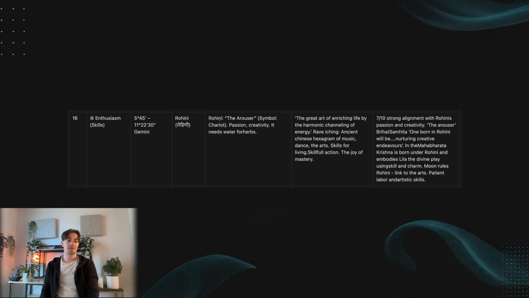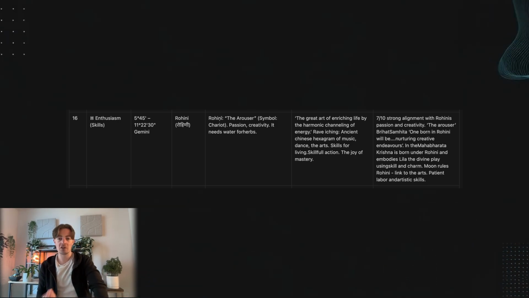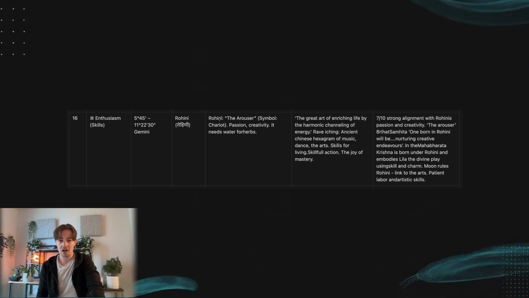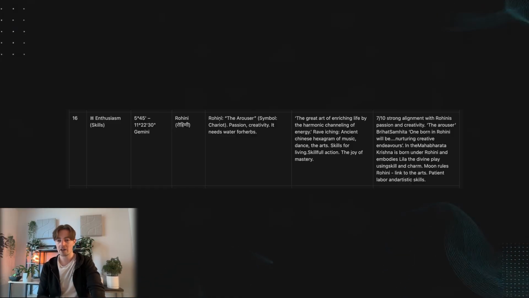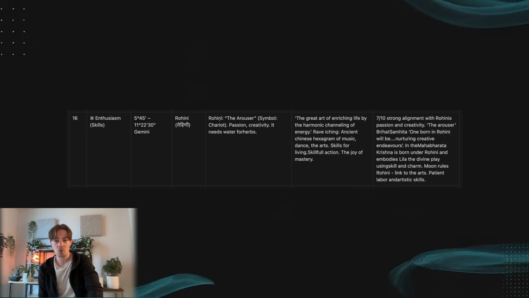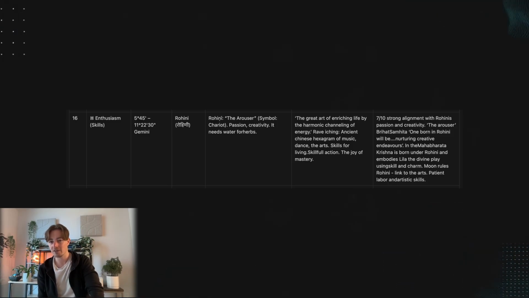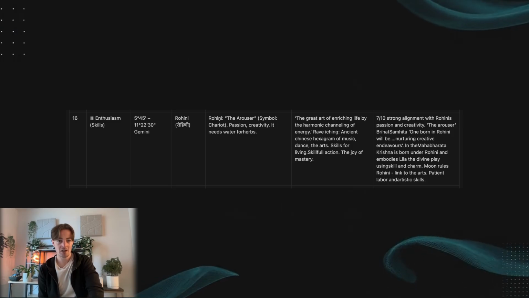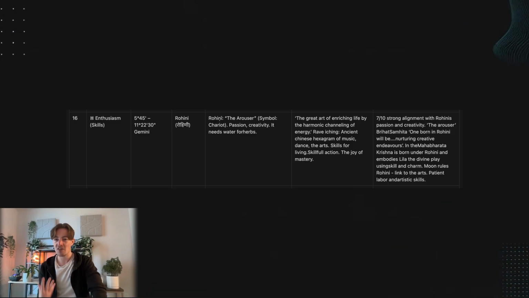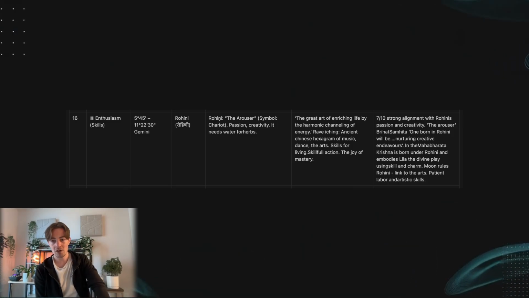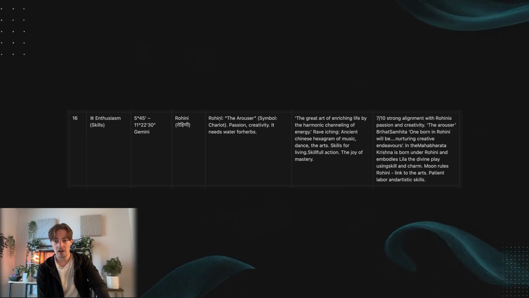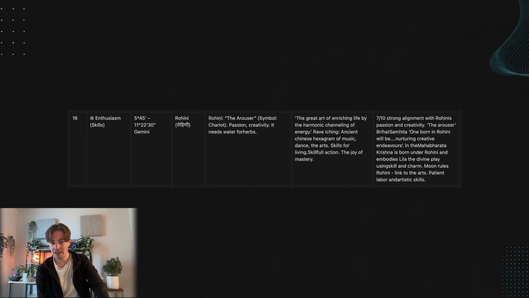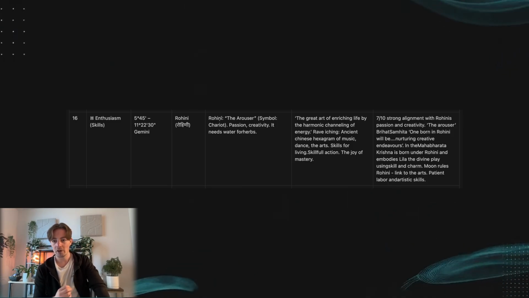So it's clear that gate 16, the gate of skills and enthusiasm, is associated with the arts, like being a good poet, a good musician, a good dancer. There's a real strong alignment with Rohini's passion and creativity. Rohini is about arousing things, whereas gate 16 also has that sense of enthusiasm and being aroused from your passion. From the Brihat Samhita, this ancient Vedic text, one born in Rohini will be nurturing creative endeavors.